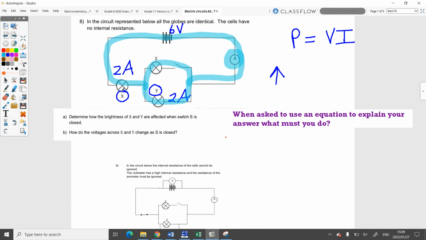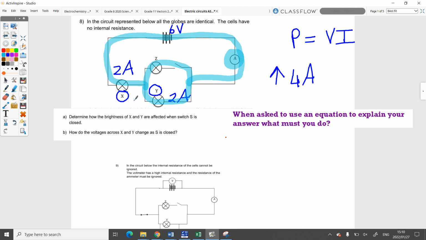So immediately for this one, what can you say is going to happen to it? This one here. It's not going to get 2 ampere anymore. How much current? Okay, so if this one could take 2 amperes, how much can this one take? Also 2 amperes.